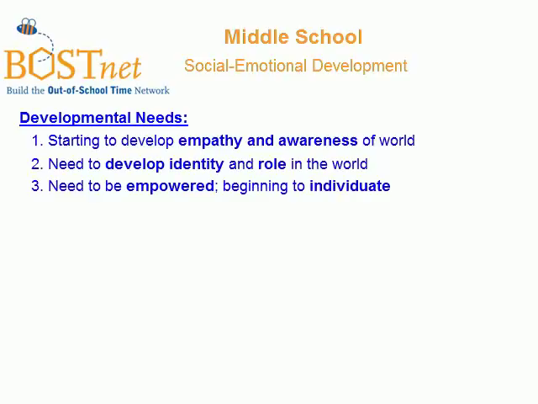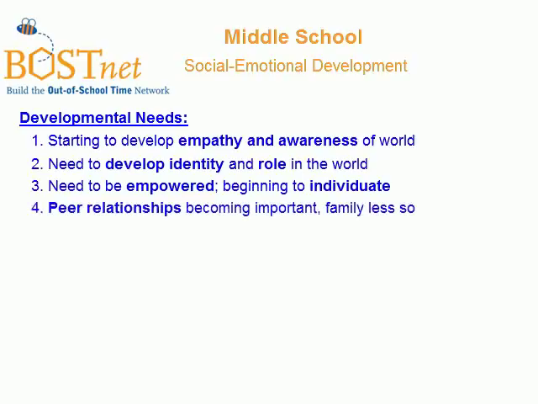Another developmental need is the need to forge strong peer relationships. At this age, peer relationships are becoming more important than authority relationships and family relationships. This too is in preparation for eventually becoming an adult and being responsible for yourself.